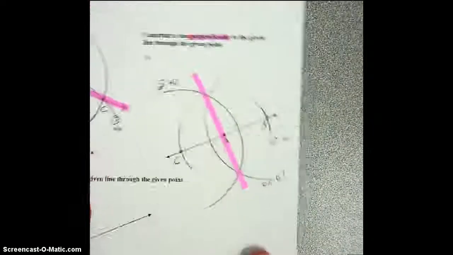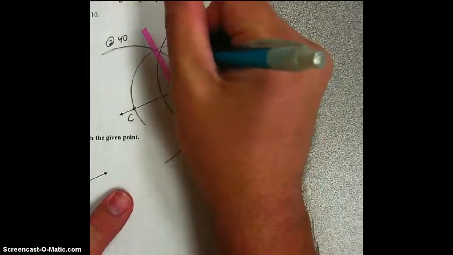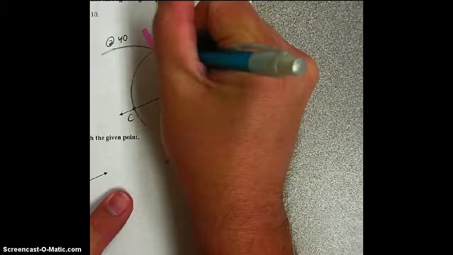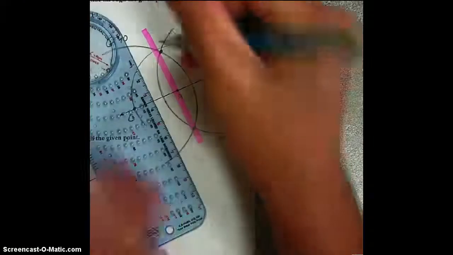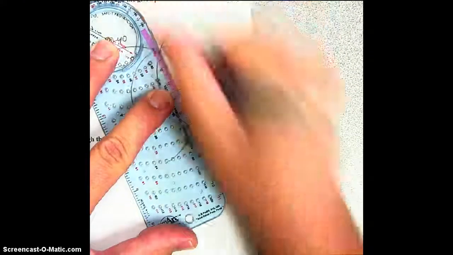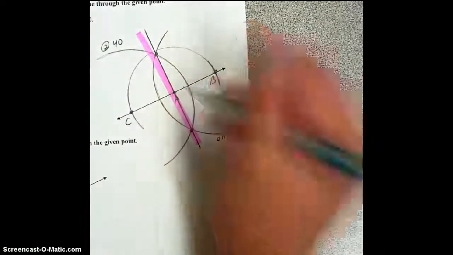So now I twist it back around. And so you can see the 40 I drew for step 2 and the 40 I drew for step 3. They touch here and here. Now you connect them. And when you do that, if you did it right, it'll go through A perfectly.